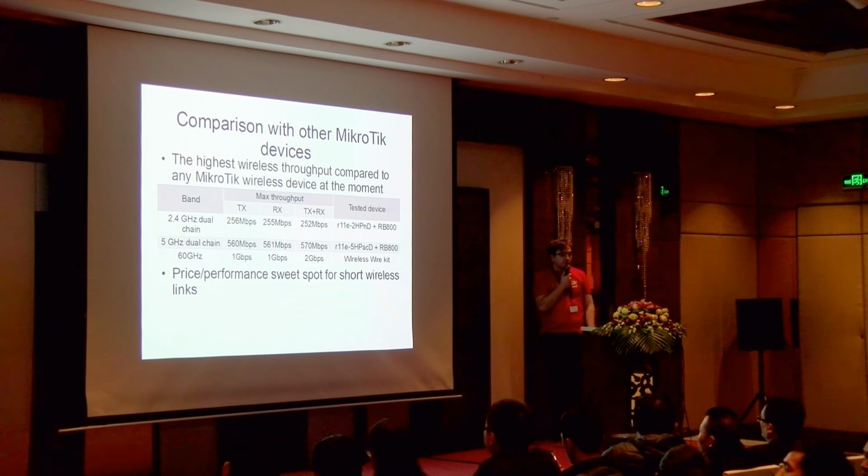So we could achieve 200 megabits full duplex for each client, and we could get to 120 degrees of coverage. Actually, we could get more, but we ran out of space. Latvia is a small country.